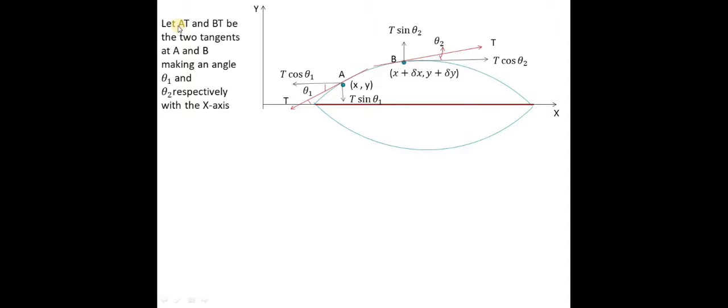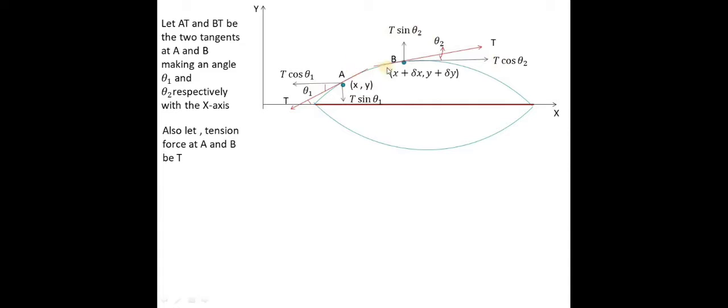Now let us write the statement. Let AT and BT be the two tangents at A and B making angles theta 1 and theta 2 respectively with the x-axis. Also let the tension force at A and B be T. Since the displacement of the vibrating string is taking place only along the y-axis and there is no displacement along the x-axis, the horizontal components of the tension force nullify each other and we are only left with the vertical components.